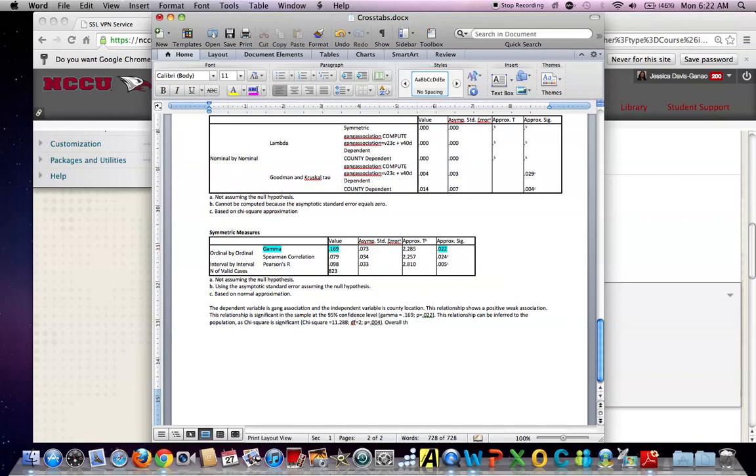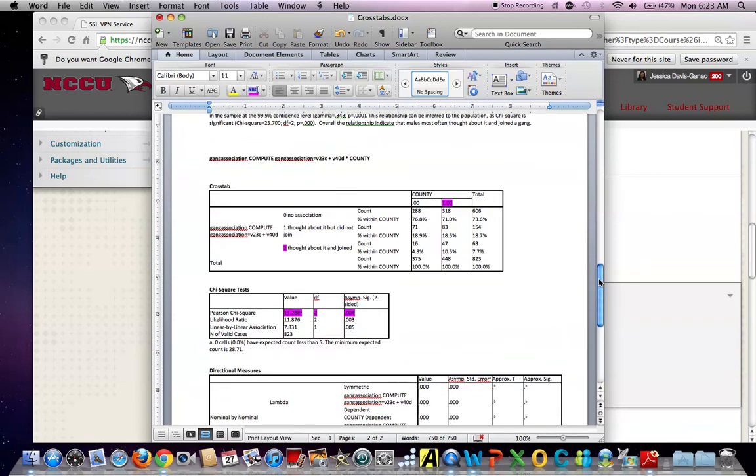Overall, this relationship indicates that most often those respondents who resided in the county most often thought about and joined the gang. Okay.